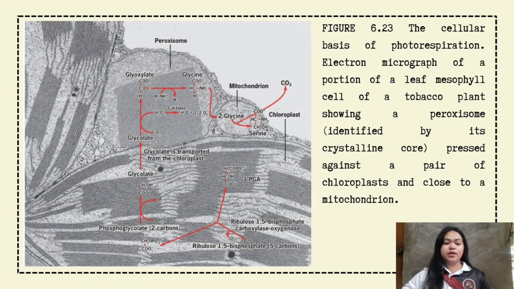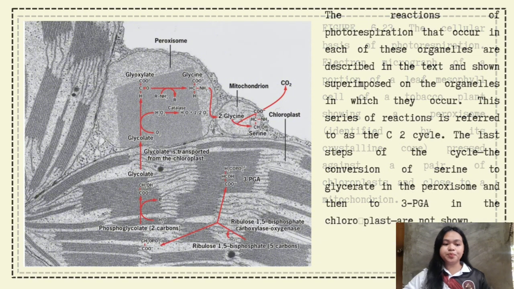Another one is figure 6.23, the cellular basis of photorespiration, which is an electron micrograph of a portion of a leaf mesophyll cell of a tobacco plant showing a peroxisome identified by its crystalline core pressed against a pair of chloroplasts and close to a mitochondrion.